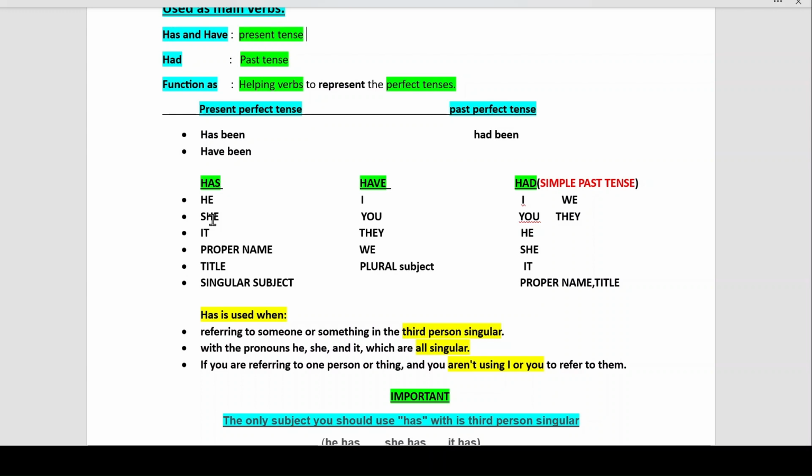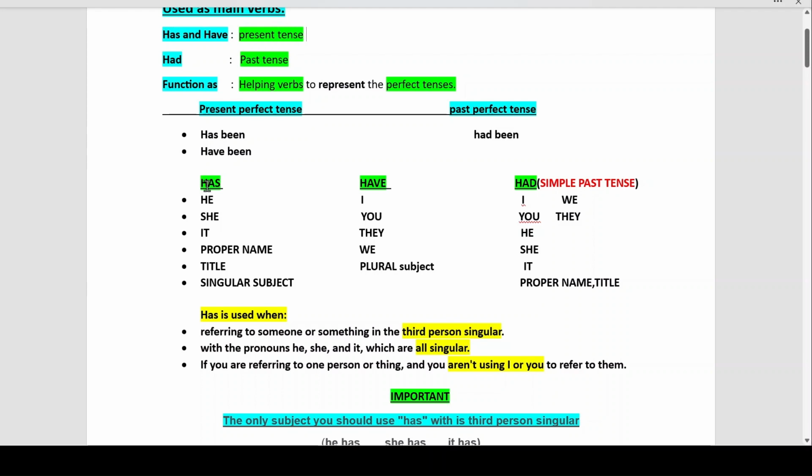The person who is speaking is the first person. The person to whom he is speaking is the second person. Both these people talking about another person, that person is referred to as the third person. And if that third person is a single person, then it is third person singular. If they are talking about more than one person, then it is third person plural.